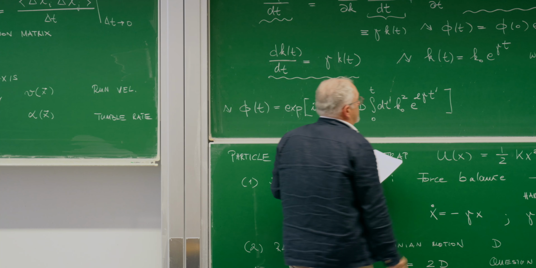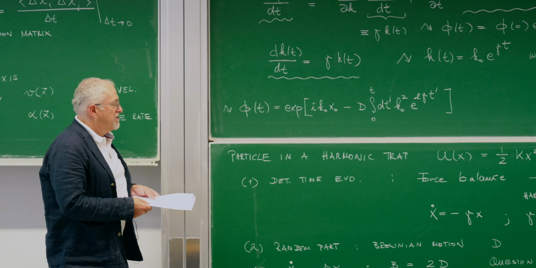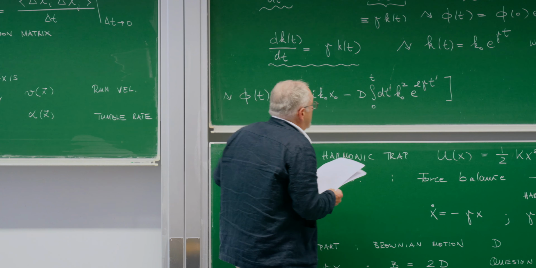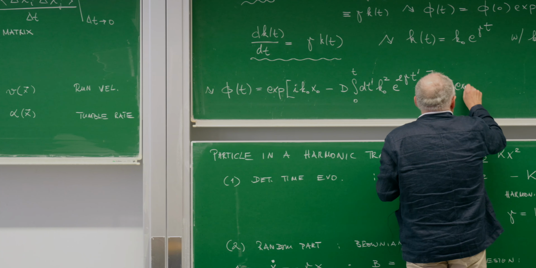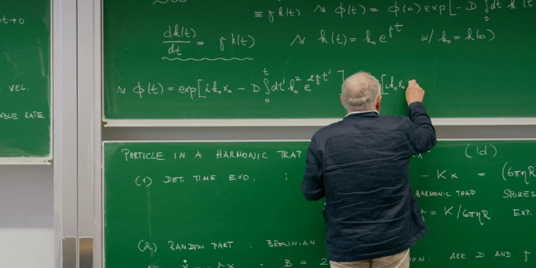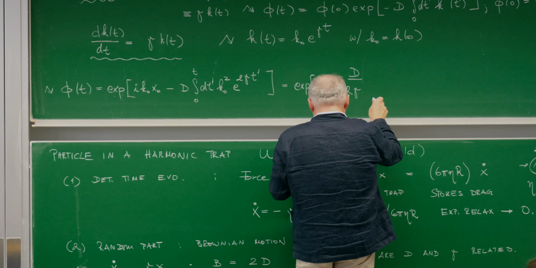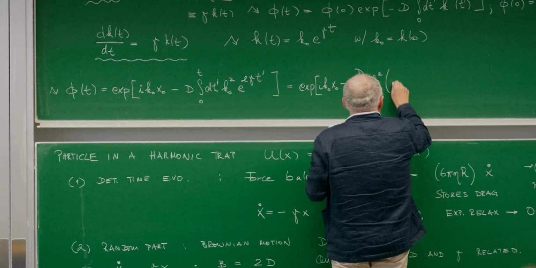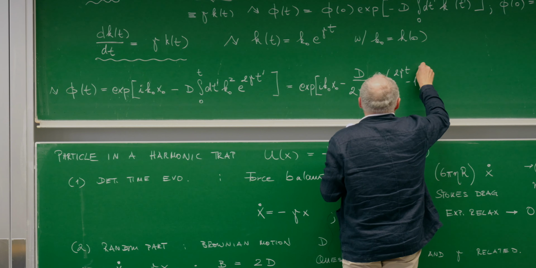Okay. So I'm inserting the solution of the second characteristic into the solution for the first characteristic. I can do the integral. This is not hard. This is the exponential of i k0 x0 minus D over 2γ k0 squared times e to the 2γ t minus 1.